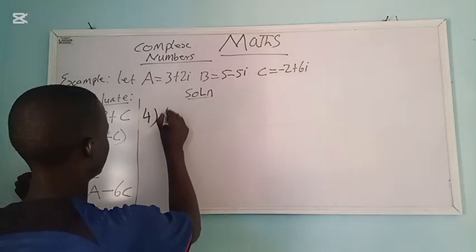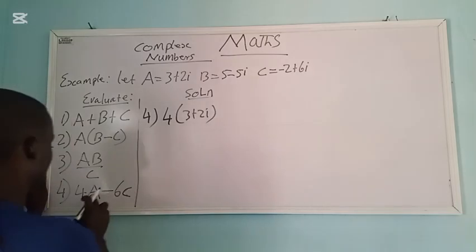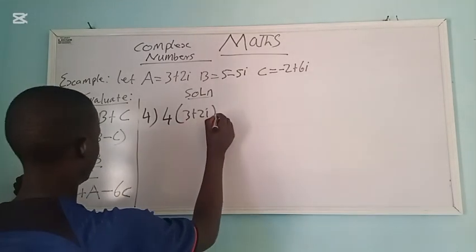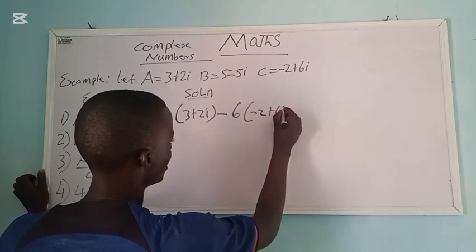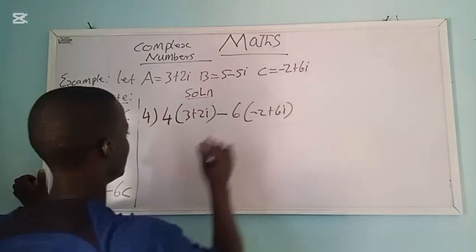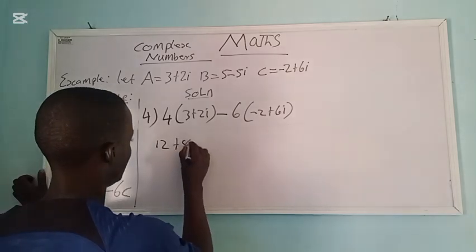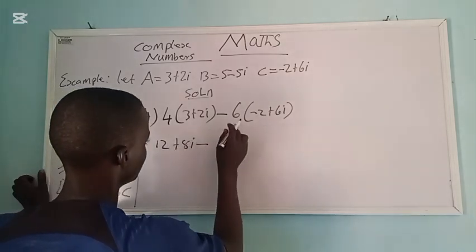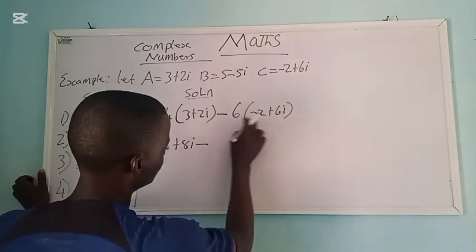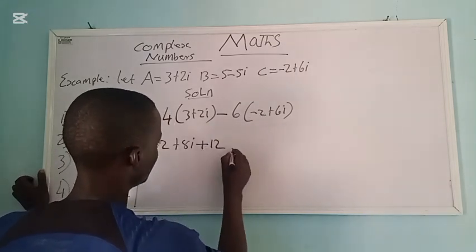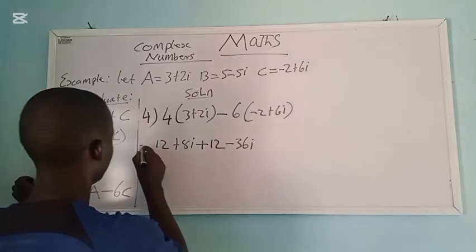Number 4 will have 4 open bracket 3 plus 2i, because this a represents this one, then minus 6 open bracket minus 2 plus 6i, because the c also represents this one, so we will now multiply. We now have 12 plus 8i, minus 6 times minus 2 will be plus 12, minus 36i.